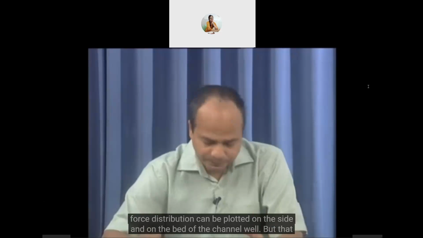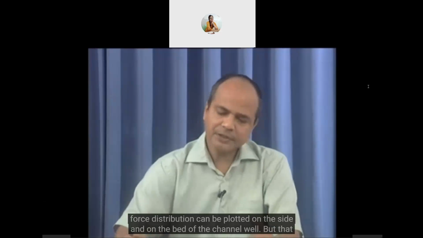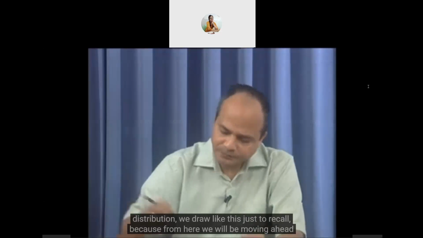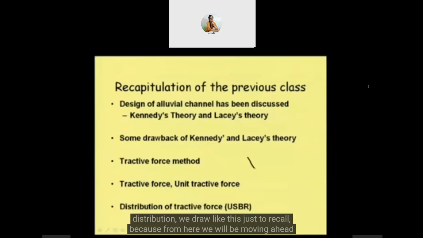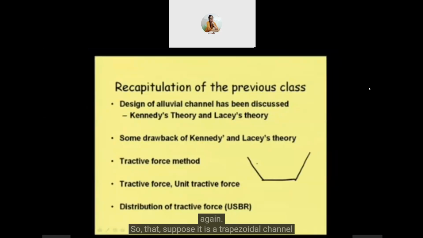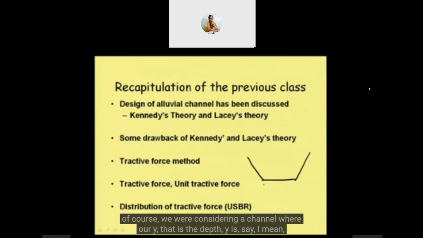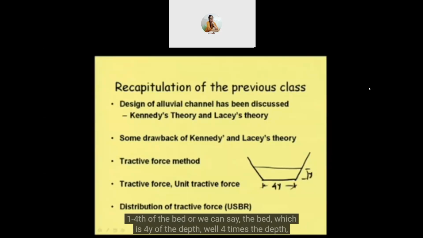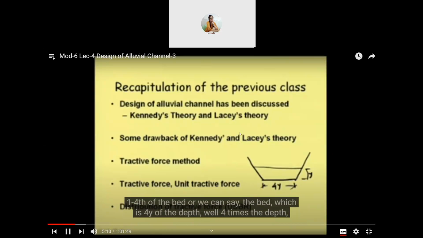Just to recall, because from here we will be moving ahead again. Suppose it is a trapezoidal channel, where the depth is y and the bed width is 4 times the depth.